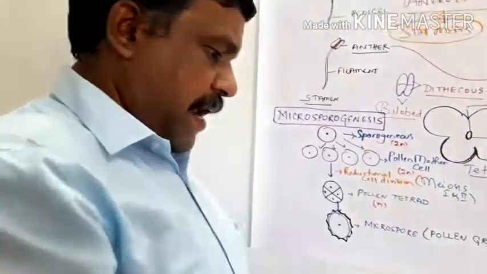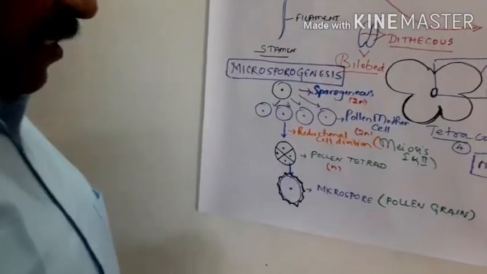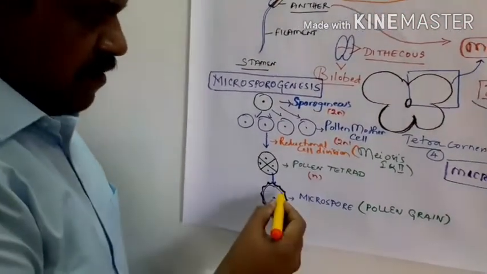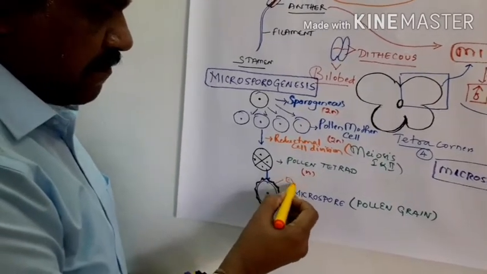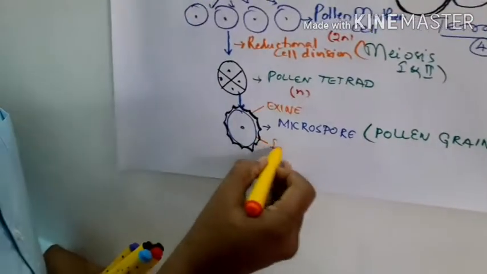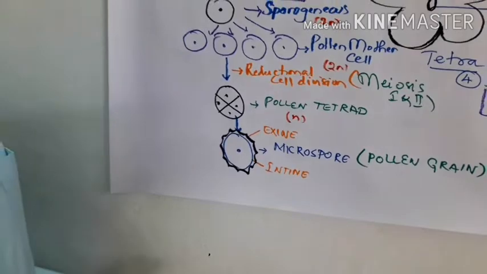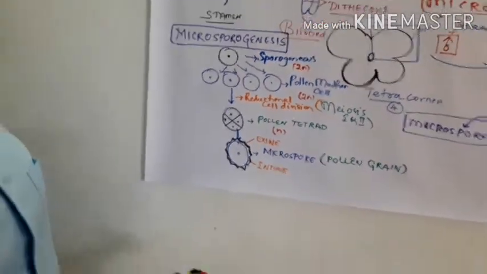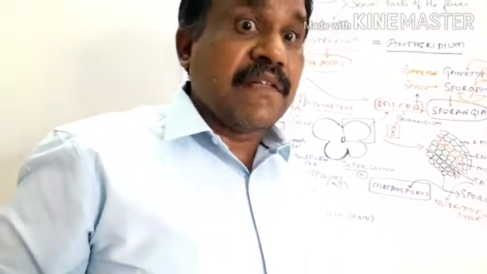Now this pollen grain has two parts here, children. Are you able to see the two parts? A very hard horny layer is there, called the exine. And the innermost layer is called the intine. The exine is a very ornamented, very hard layer that protects the pollen grains for many years.